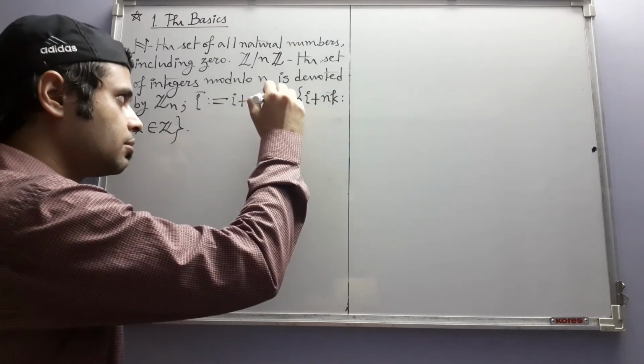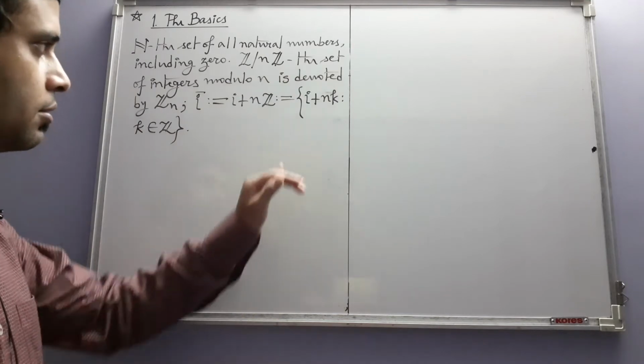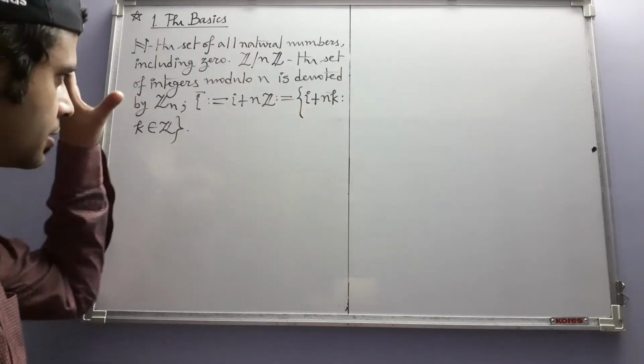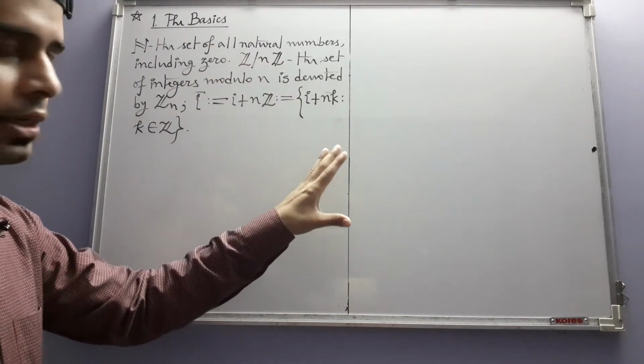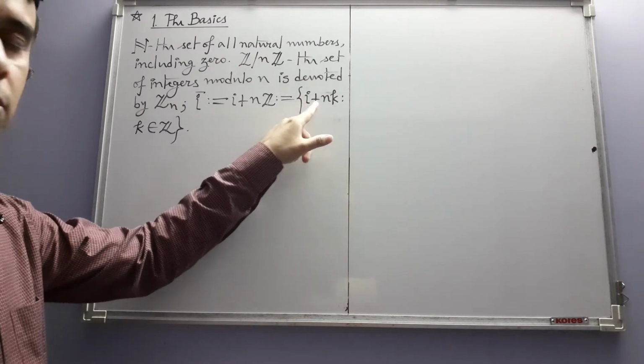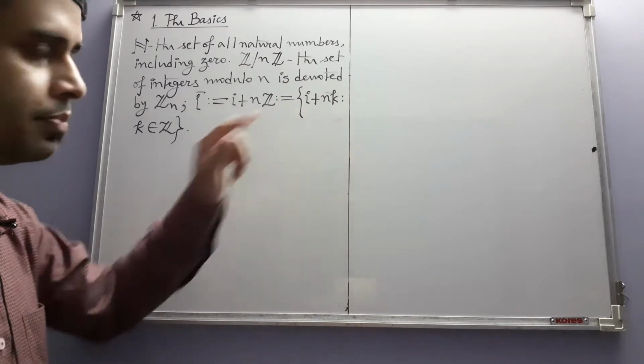If one observes carefully, this is the set of precisely those integers that are congruent to i modulo n.